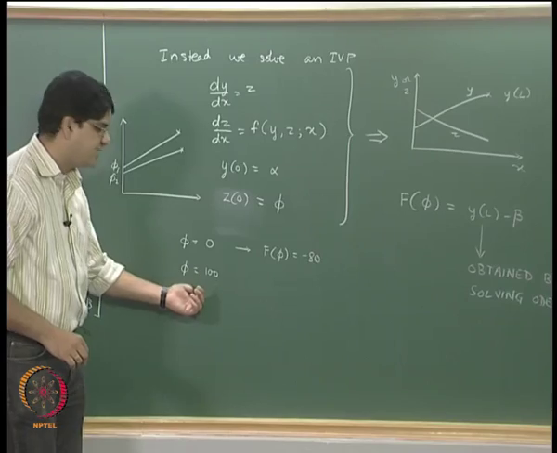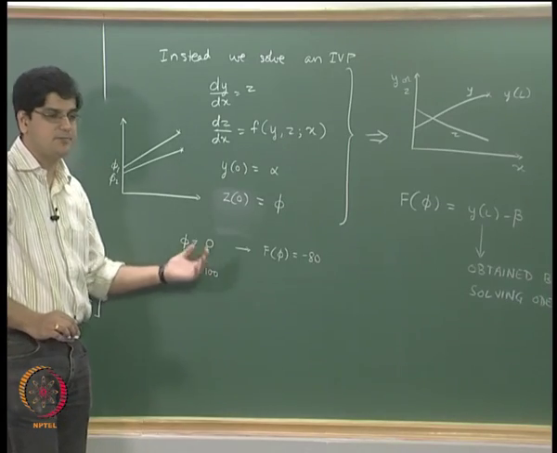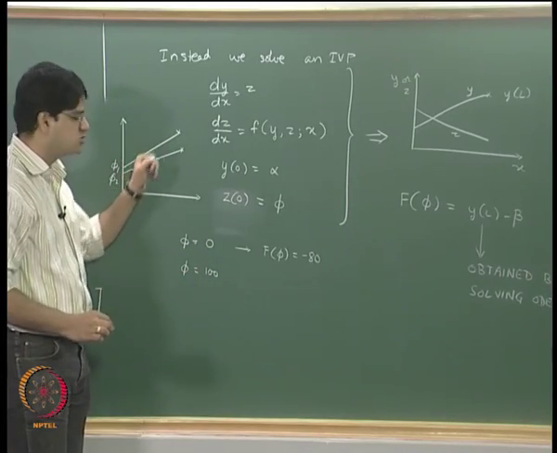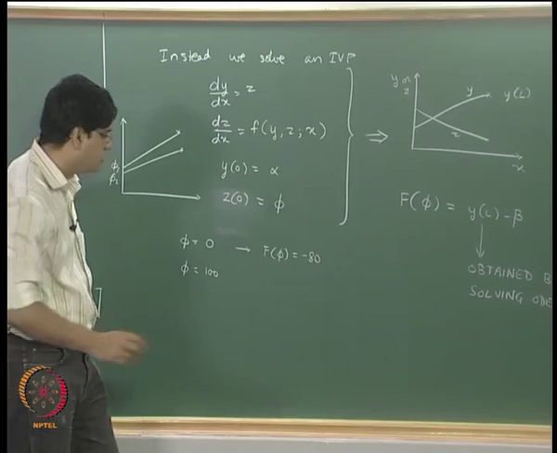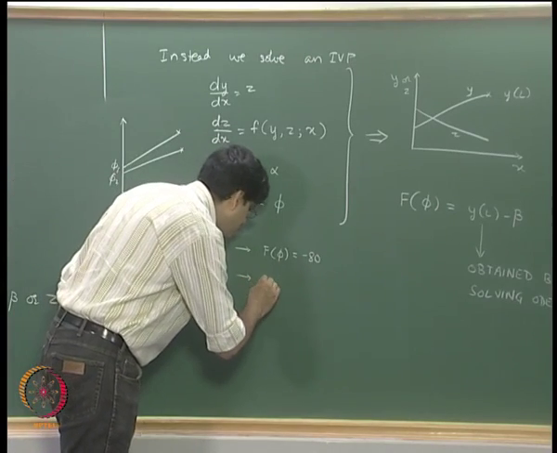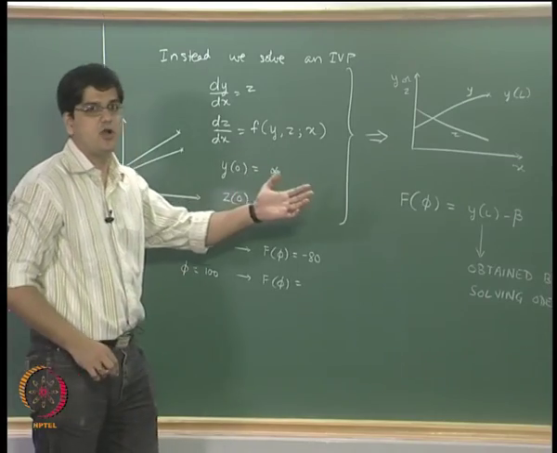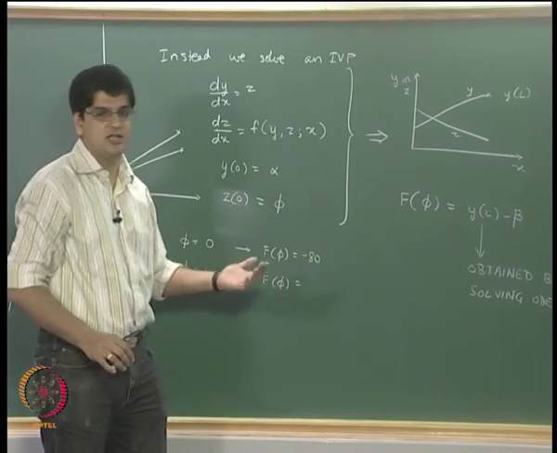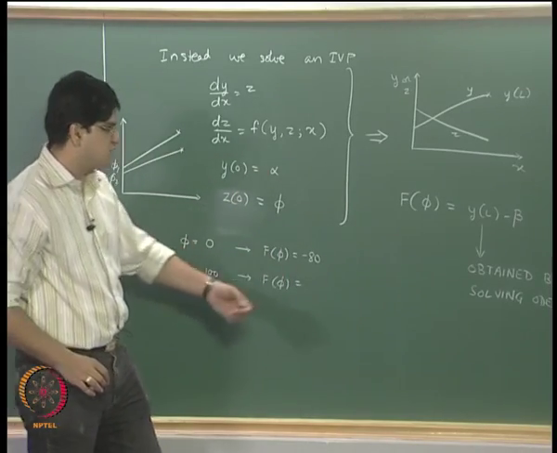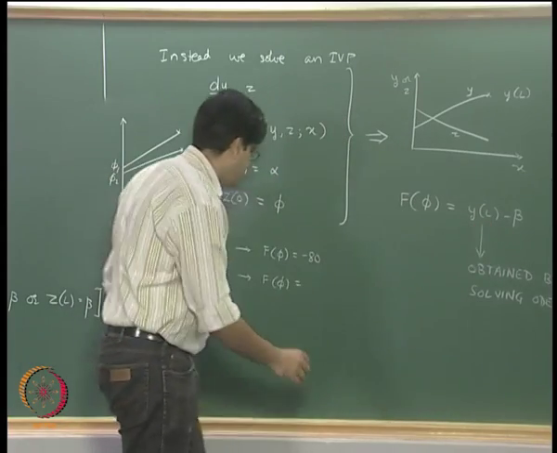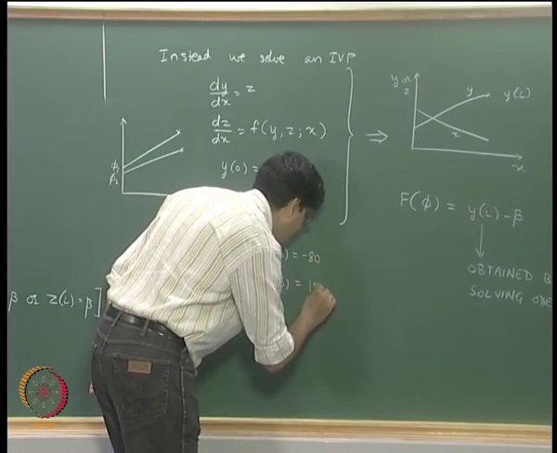That was the second guess that we took. Phi equal to 100 basically meant that the initial slope we gave was a very large slope. When we gave a very large initial slope, the temperature at the end of the rod ended up being something like 230. Because the temperature was 230 minus 80, we got a value of 150.